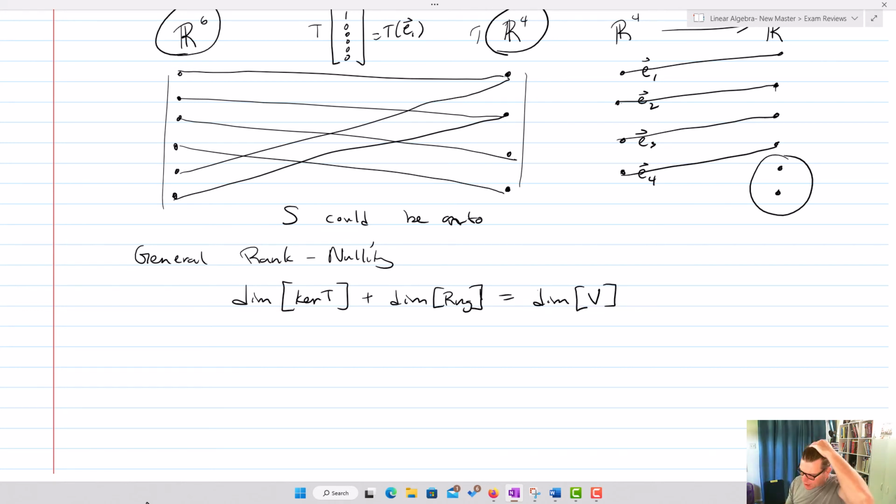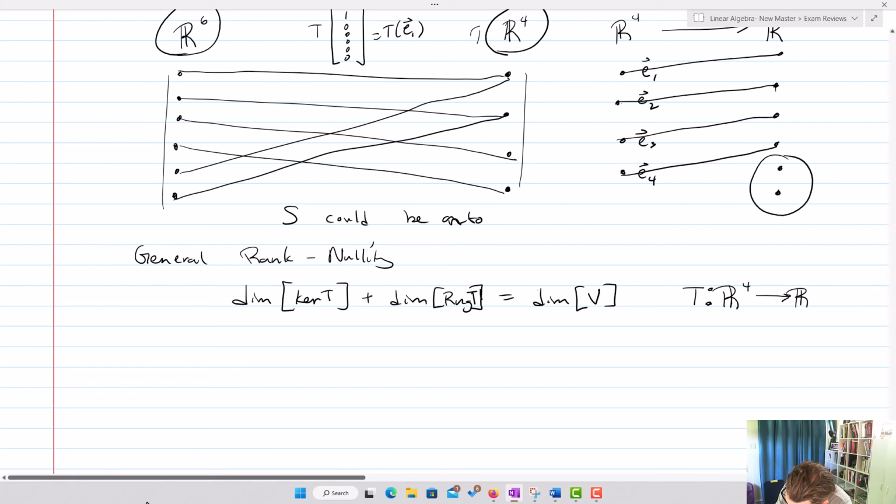Okay? Let's imagine that we've got T, and it's going to go from R4 into R6. Now, the dimension of V is 4.